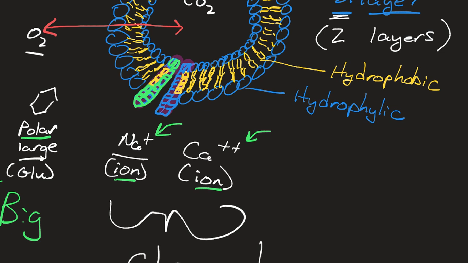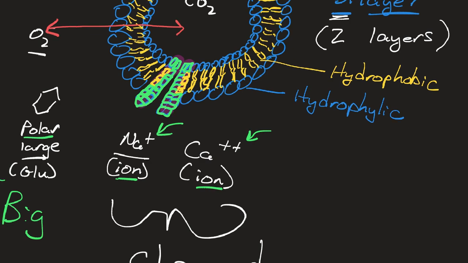Do you need me to redraw it? So all amino acids are the same except for their R group. And if that R group is polar or charged, in this case it's green, and if it's non-polar, it's yellow.